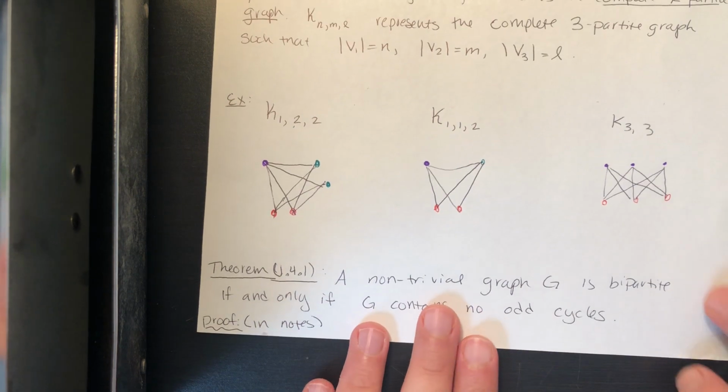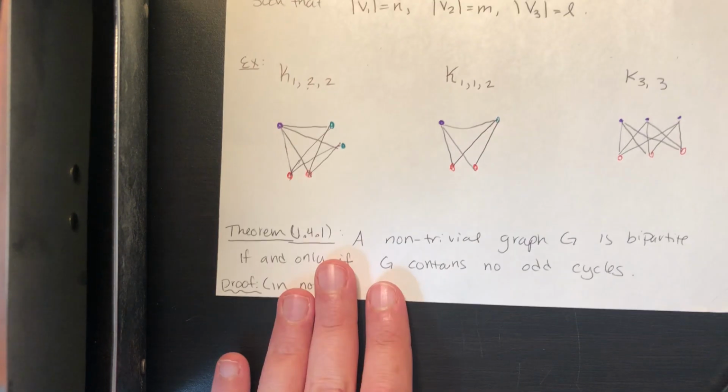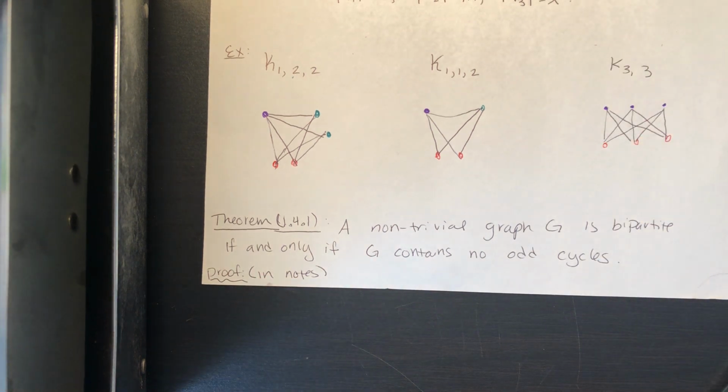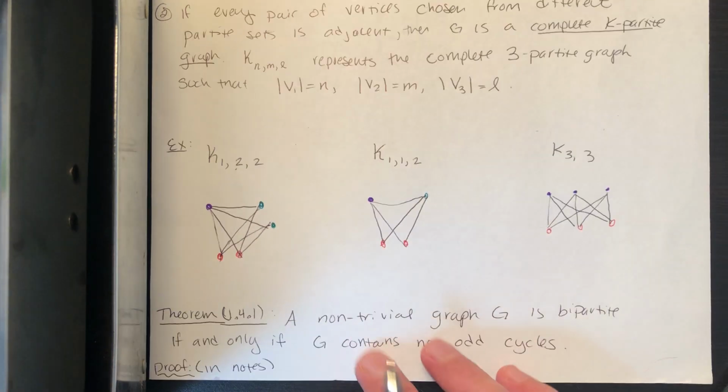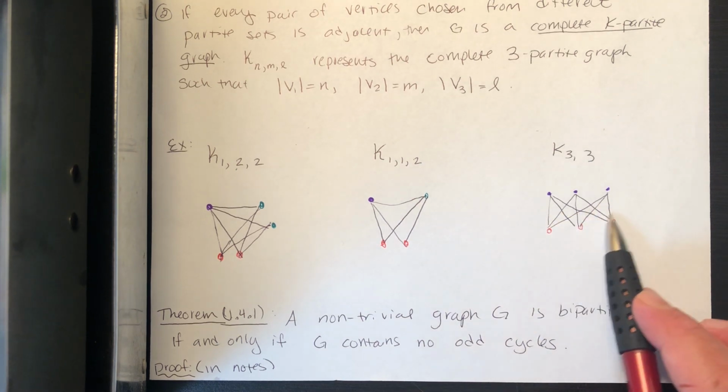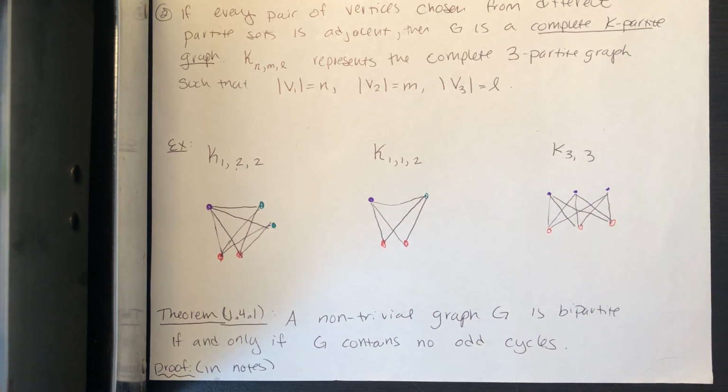But another thing that we can prove, and we'll go over this in class, you can read through it in the notes as well, is theorem 1.4.1. We can prove that a non-trivial graph G is going to be bipartite if and only if it contains no odd cycles, which sort of makes sense. If we look at this K3,3 graph, this doesn't even necessarily have to be complete, but this one is.